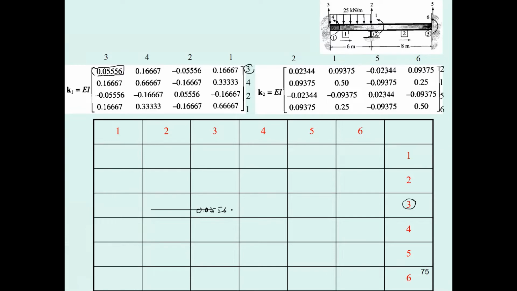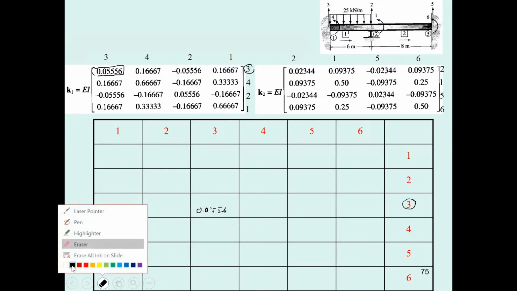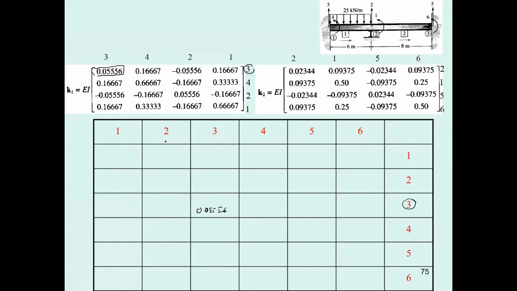Next, this is going to be 5, and this one is going to be number 4. It's going to be 0.1667, and then it jumps to number 2, and then it jumps to minus 0.05556, and then you jump to number 1, 0.16667, as you may have.